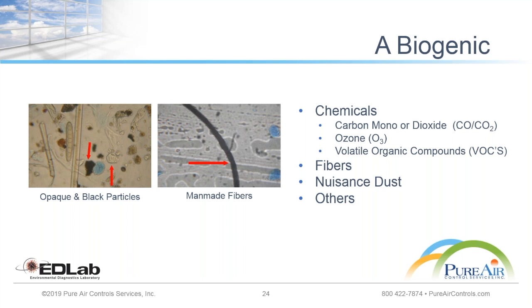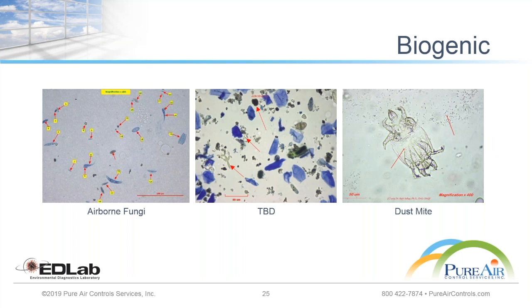On the contrary, we have biogenic allergens, and many of you are aware that mold or fungal spores can serve as a typical biogenic allergen. It can also be distributed through the air, so they're called bioallergens.